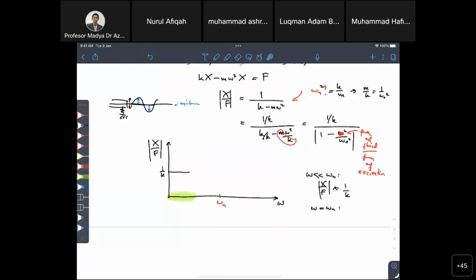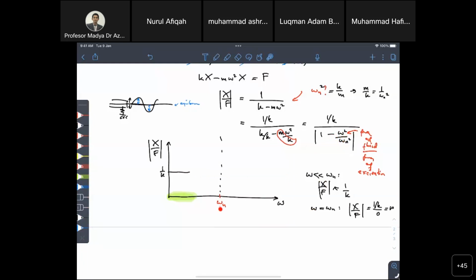Here you can see omega over omega n. When omega equals omega n, then you have omega n over omega n, so you have 1 here. 1 minus 1 is 0. So 1 over k over 0 is infinity.